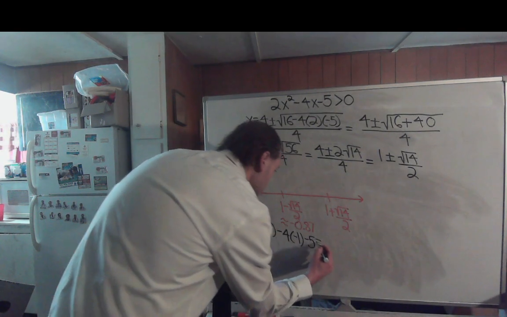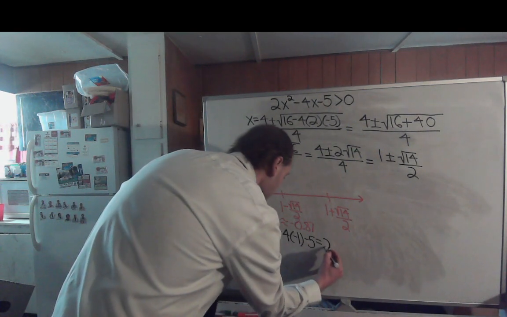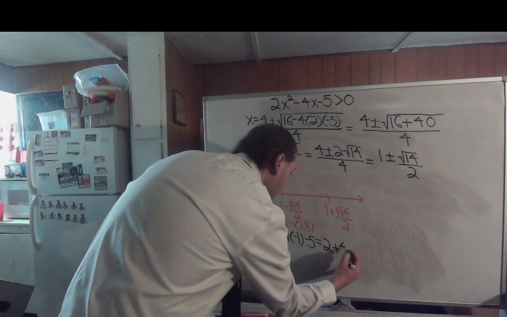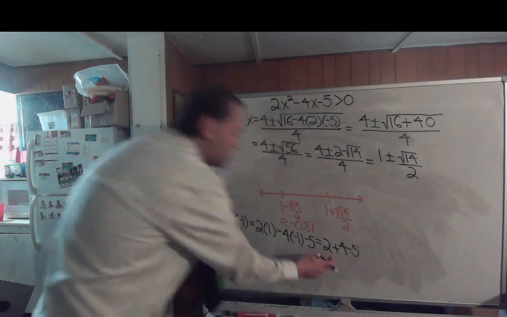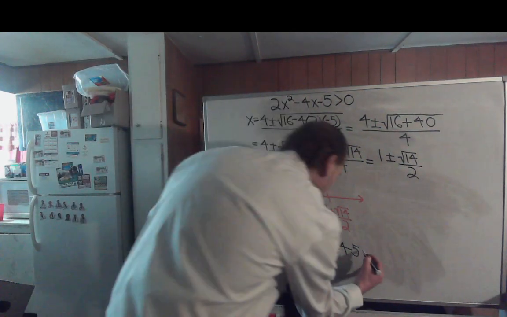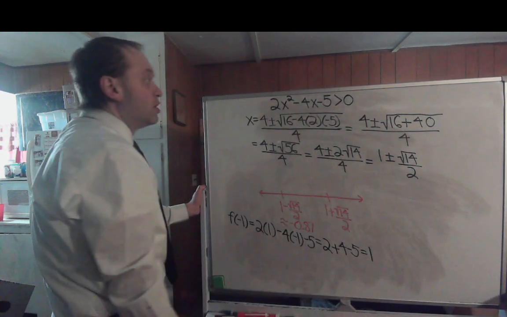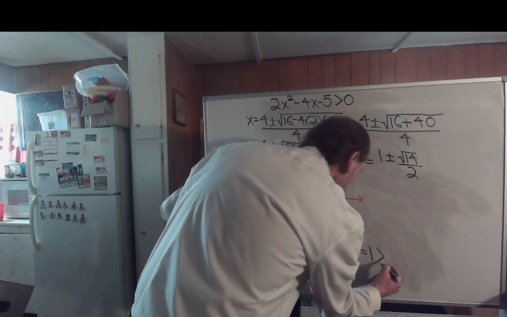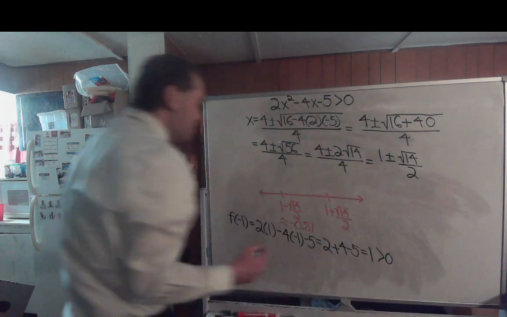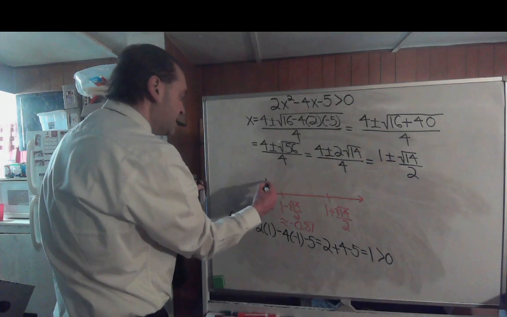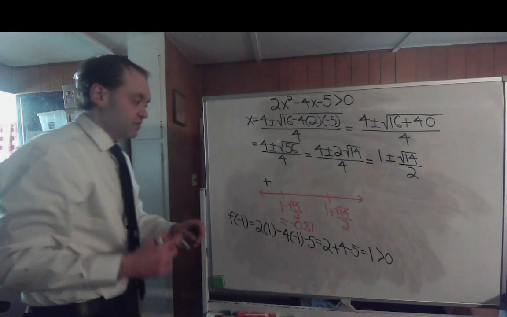So this will turn into 2 plus 4 minus 5. 2 plus 4 is 6 minus 5 equals 1. Well, clearly 1 is greater than 0. So this is positive from negative infinity to this answer here.